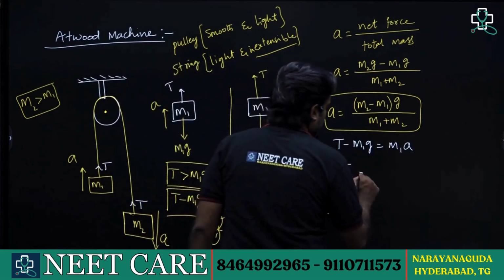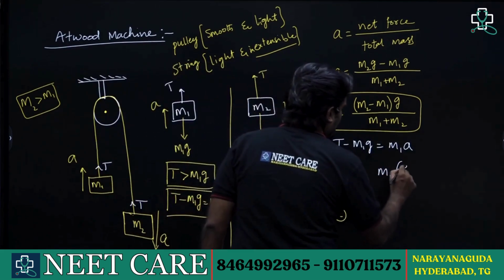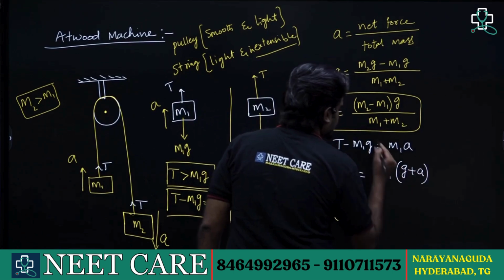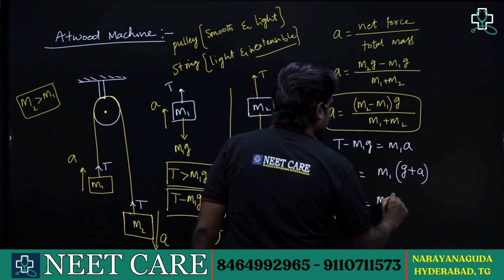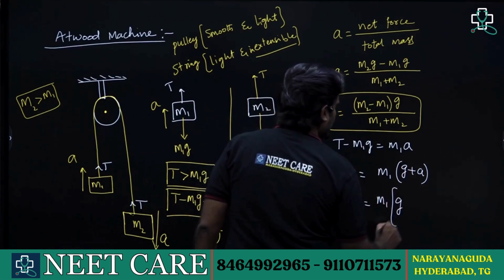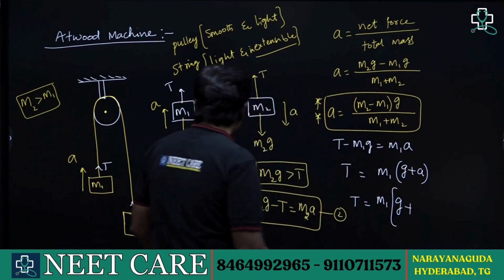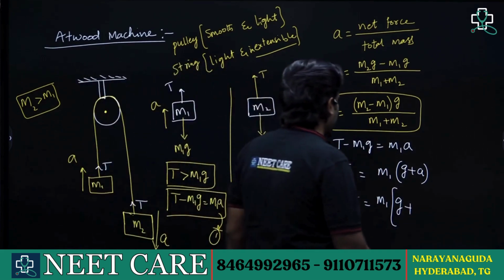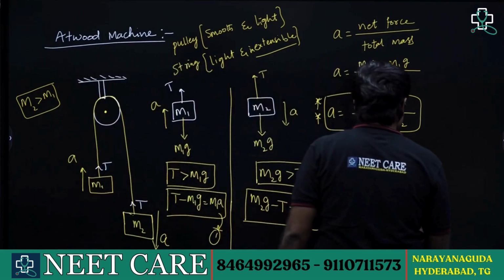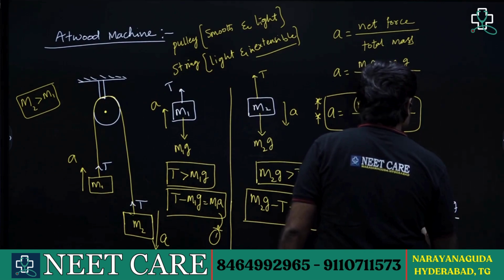So T is equal to M1 into G plus A. Now T is equal to M1 into G plus A, where A is equal to M2 minus M1 into G by M1 plus M2.